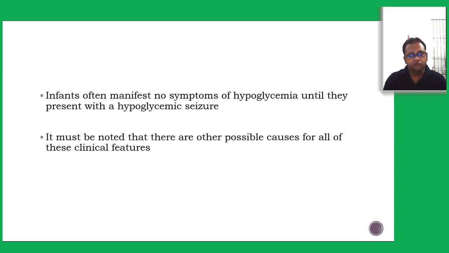Sometimes infants will not manifest any symptoms, and all of a sudden they can have a seizure, a hypoglycemic seizure. As I mentioned earlier, all the clinical features we discussed could be due to other causes, right?